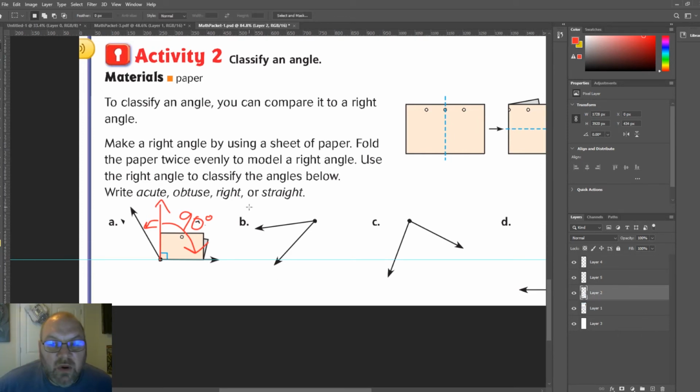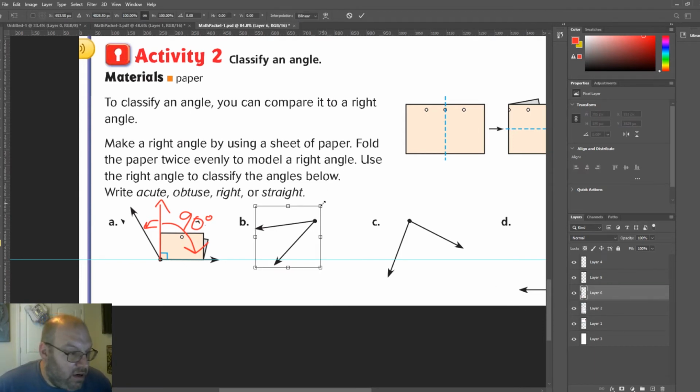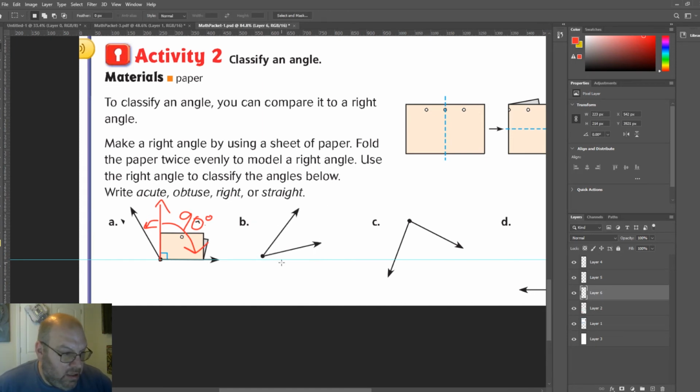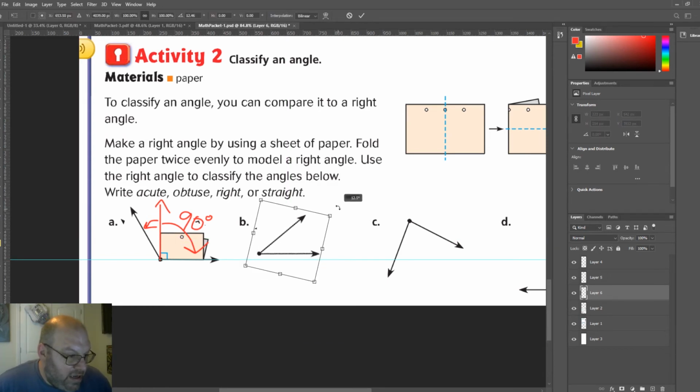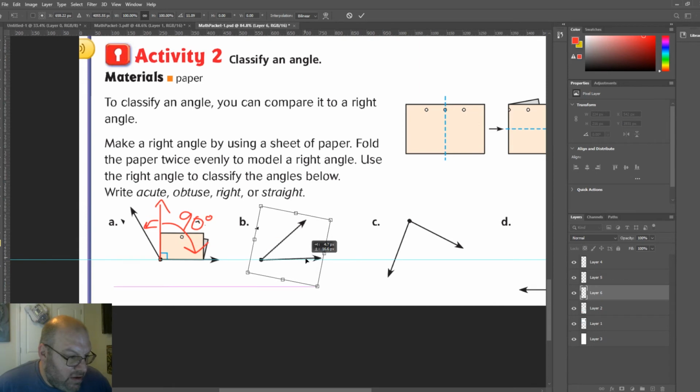Now this one, angles don't just go to the right. They don't just go one way, okay? So like this one. Let me do the same thing here. Let me get it aligned with that line. Now this, that's not very straight, but we'll just move it down a little bit, then fix it. There we go. About like that.